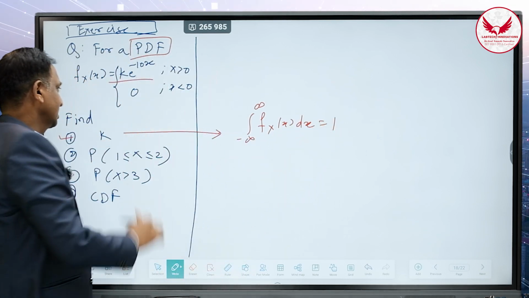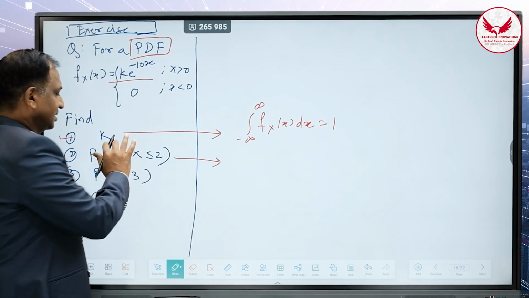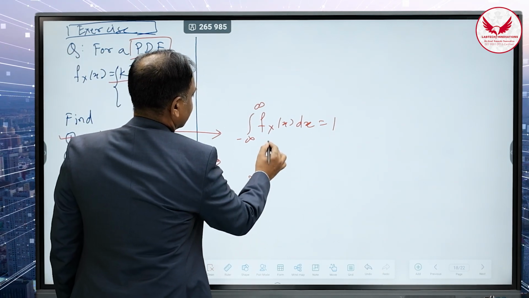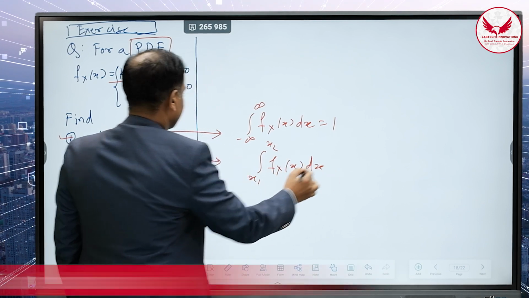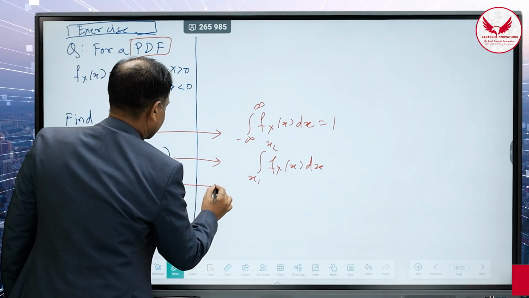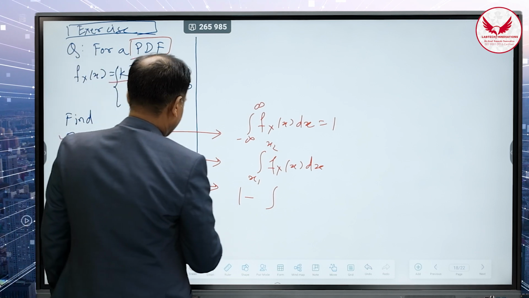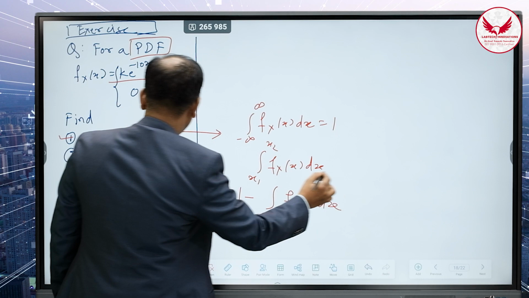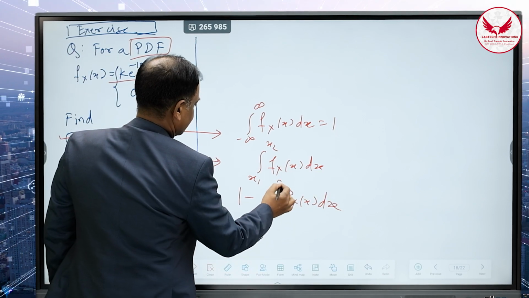From this, you can get the value of k. For the second, to find the probability between these two intervals, you can use the integral from x1 to x2 of f(x) dx, which will give you the value. For the third problem, if it is greater than this, it is 1 minus the probability from 0 to 3 of f(x) dx.